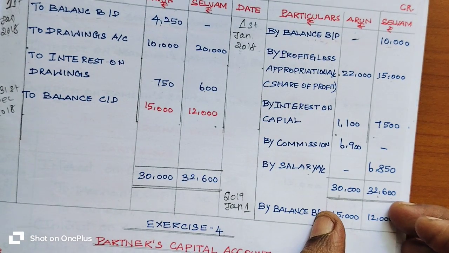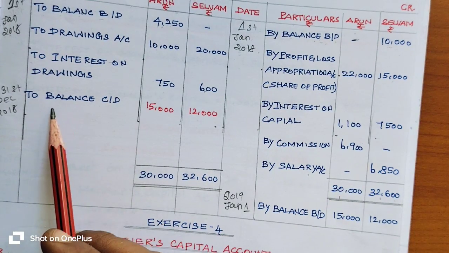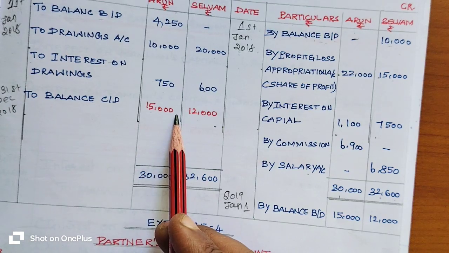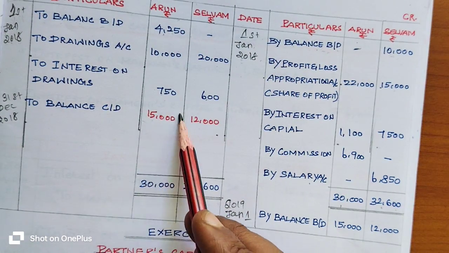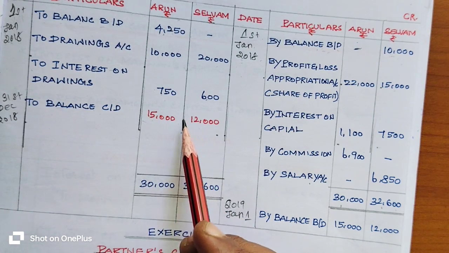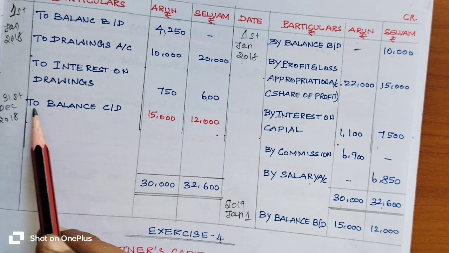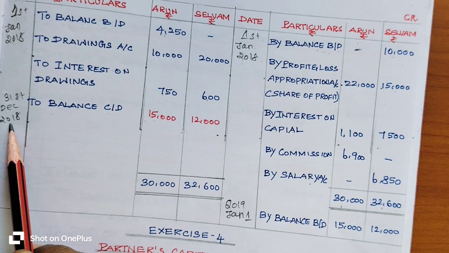If you get the total on credit side, then the balancing figure, that means the closing balance, is to be entered on debit side. So you have to find out the difference between debit and credit. You get 15,000 rupees and 12,000 rupees for Arun and Selvam respectively as the closing balance. Against this you have to write to balance carried down dated 31st December 2018.